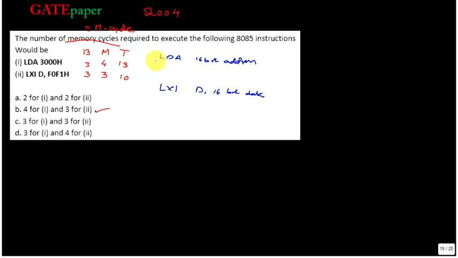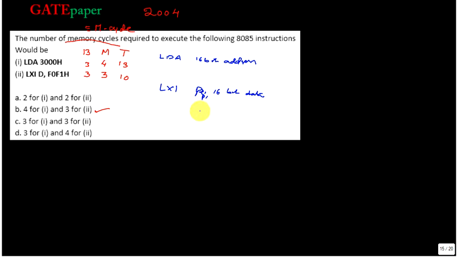Whereas LXI D, 16-bit data loads register pair DE with the 16-bit data shown. LXI is treated as LXI RP, 16-bit data. It loads the register pair with the 16-bit data mentioned in the instruction itself.